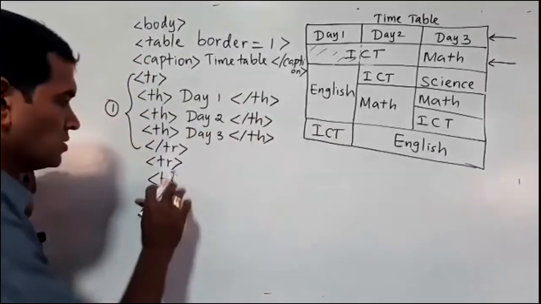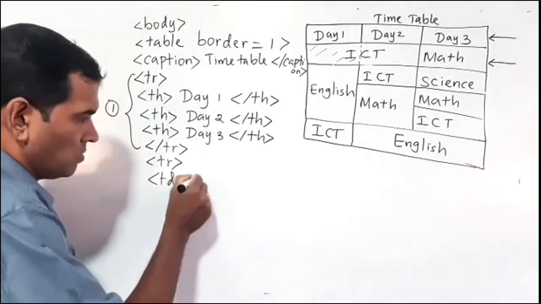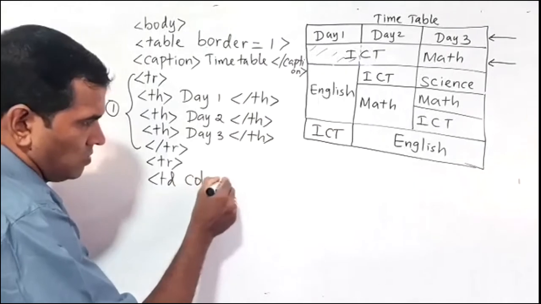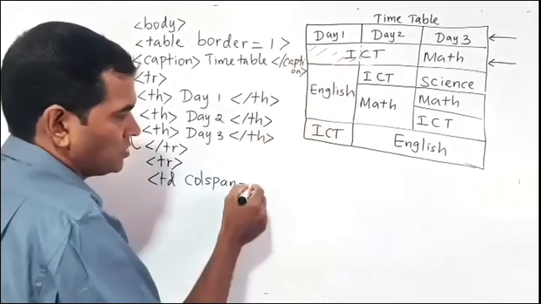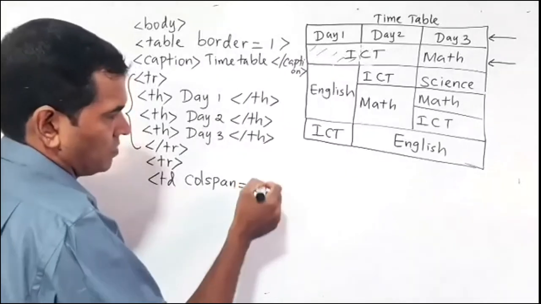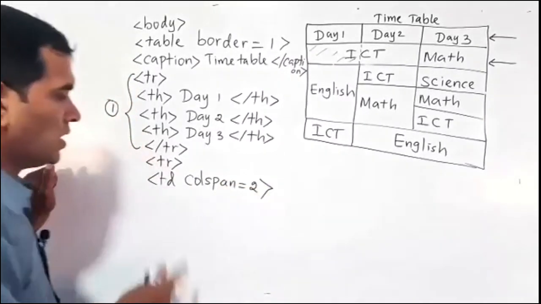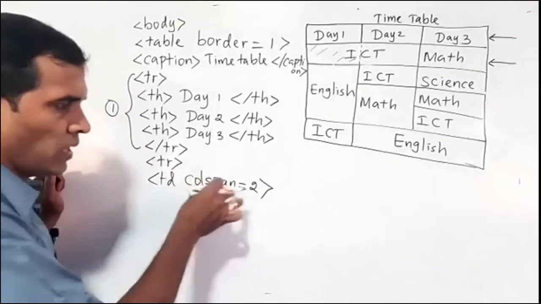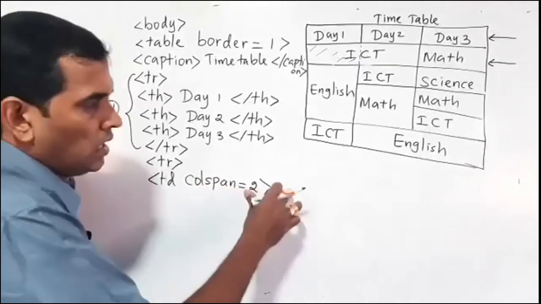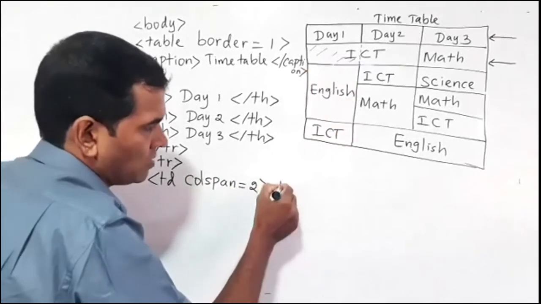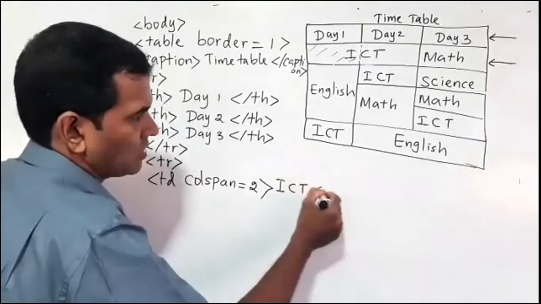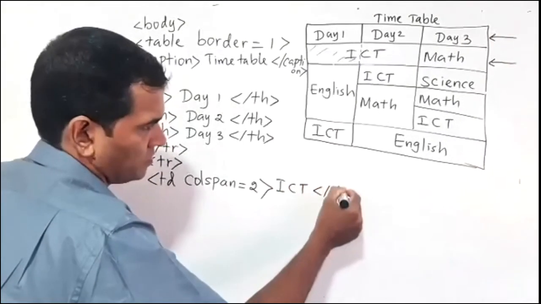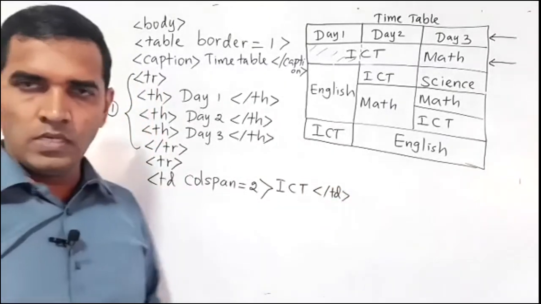So TD space colspan equal, how many cells are merged? 2, right? Look again, TD colspan 2, and then the word ICT. Then close the tag TD. Clear?